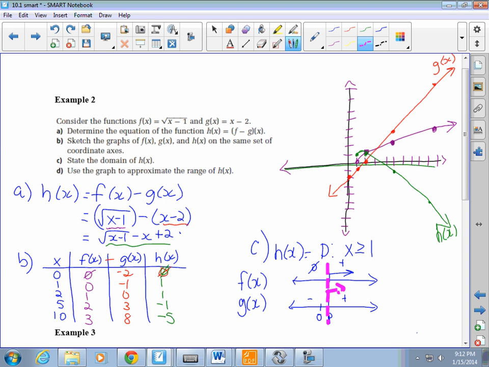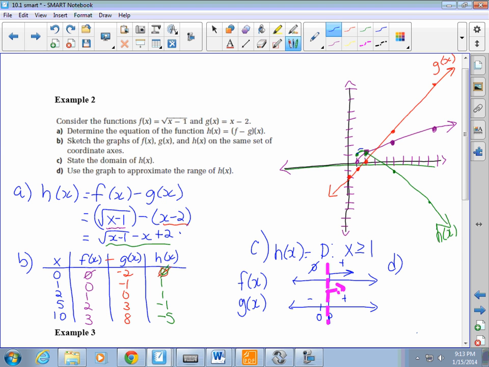So it says use the graph to approximate the range of h of x. So my range, if I look at this, I'm starting here. I go up a little ways. So from my green, I'm starting here. I go up a bit, and then I come back down. So approximately, my range is in between 1 and 2.